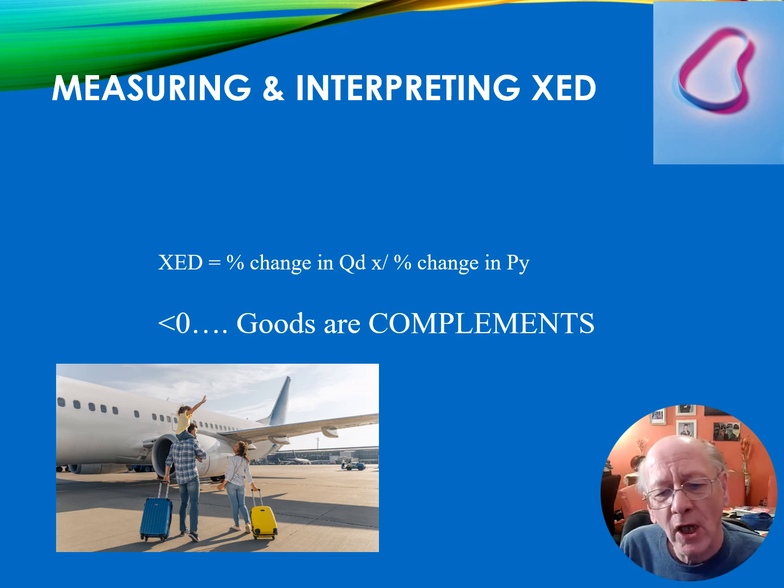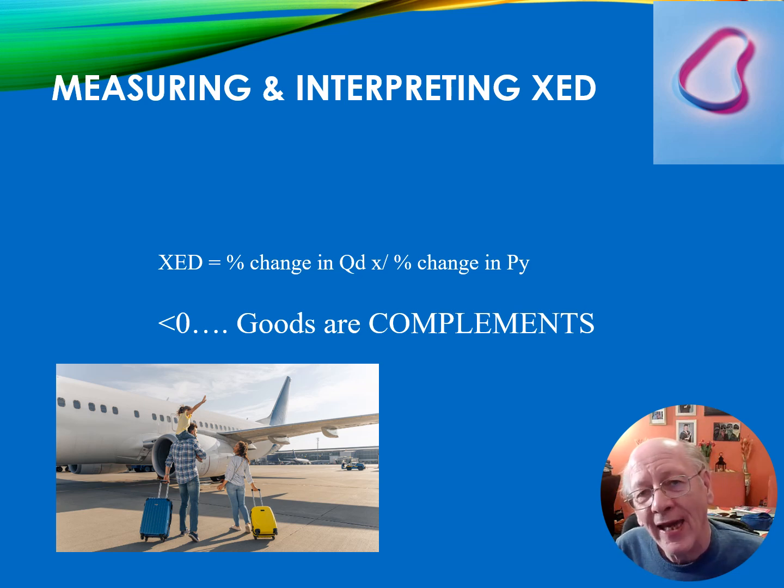Now, what about if we look, say, at foreign holidays and air flights? Imagine that the cost of foreign holidays goes down. Well, that means we're going to be going on more foreign holidays, and to get there, we're going to need to increase our demand for air flights.